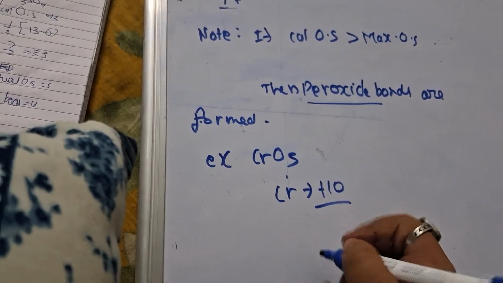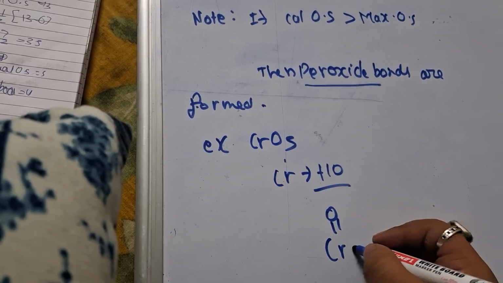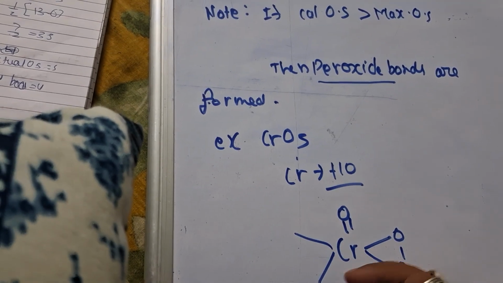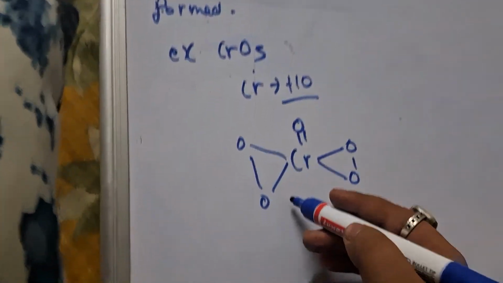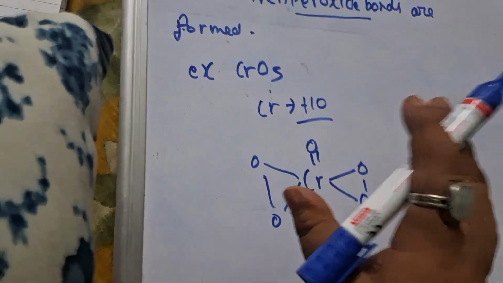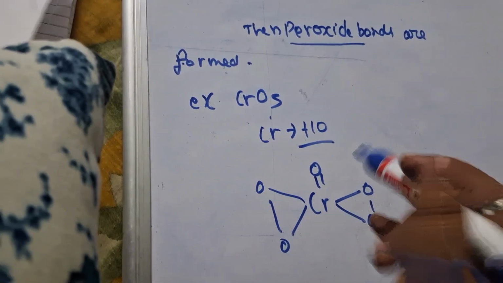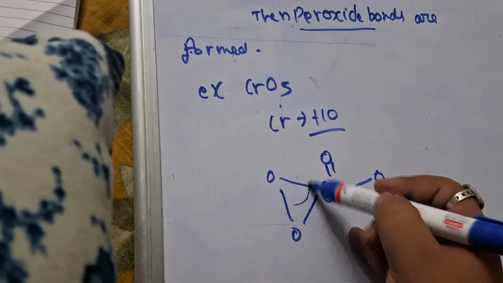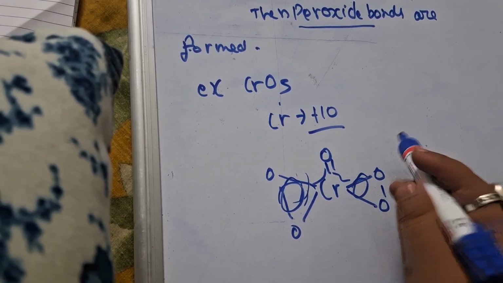Okay, so let's draw the structure. This is what the structure will look like. Now this is in chemistry terms called a butterfly structure. I know you see something else. If this was a circle and this was a circle and then you join something, yeah.